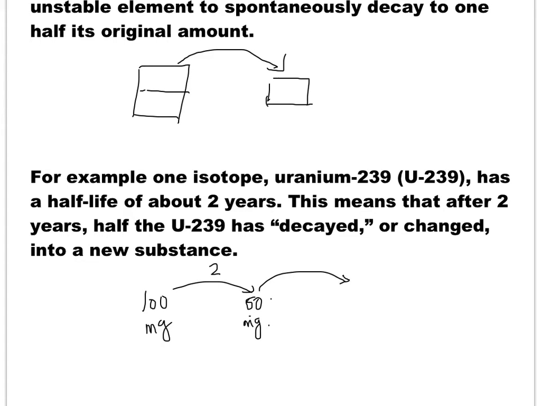Another 2 years pass, this becomes 25 milligrams. Another 2 years pass, this becomes 12.5 and so forth. Now you may say, the first 2 years, what will happen to the 50 milligrams that we lost? The U-239 changes to some other radioactive material.